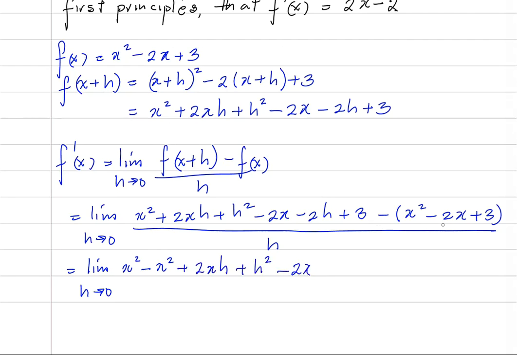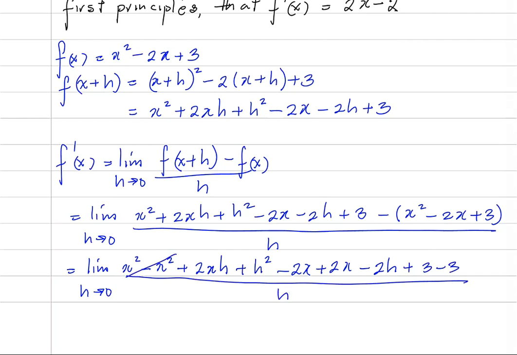A negative times a negative is a positive 2x, minus 2h, plus 3, and to the right a negative times a positive 3 is minus 3, all over h. Well, we can see clearly that that goes, this goes, this goes.